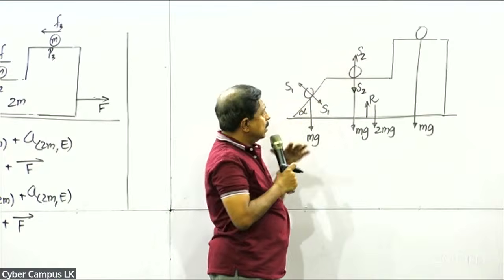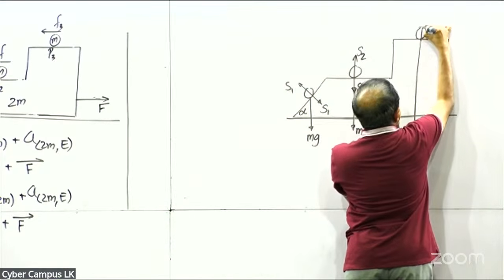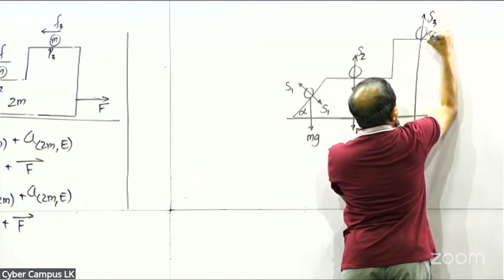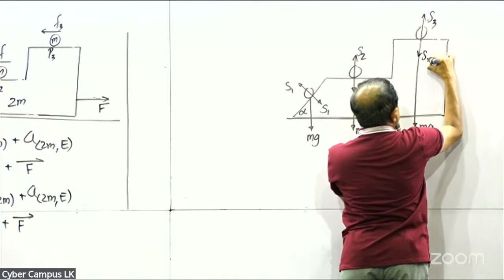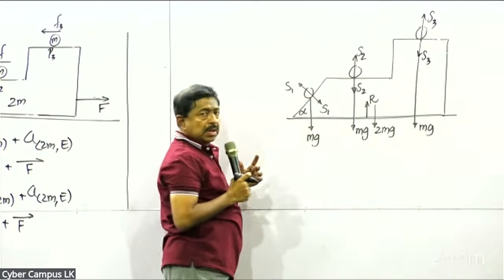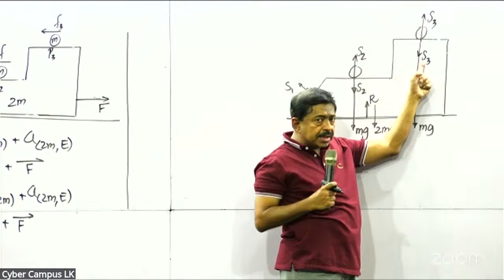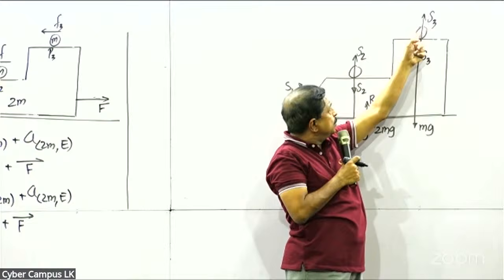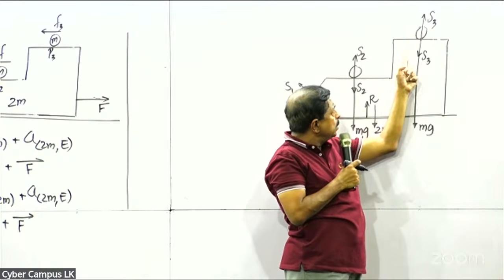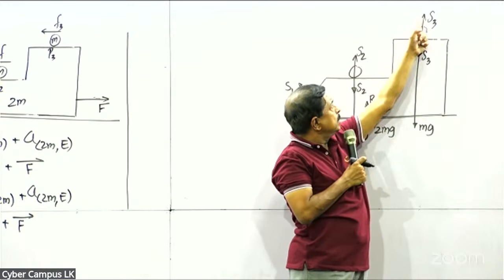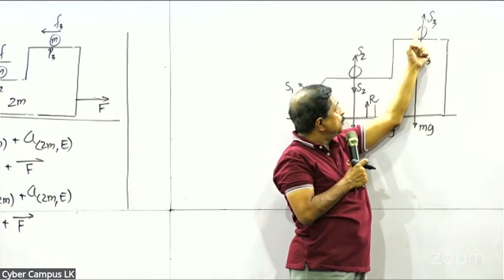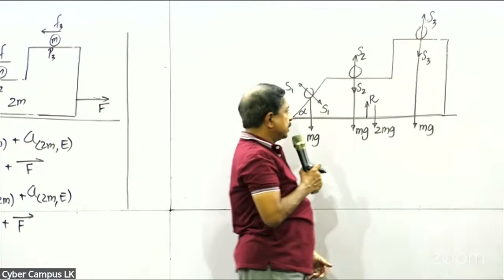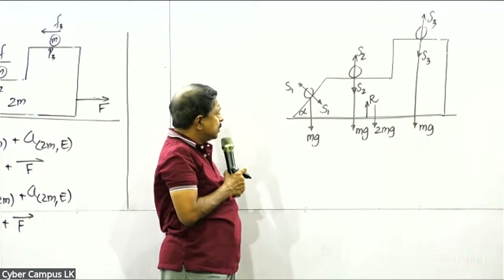Now, there's another one, S3. Now look, this S3 is the reaction, the force from this particle on the wedge. This is the force on S3 by the wedge. So it's like that.